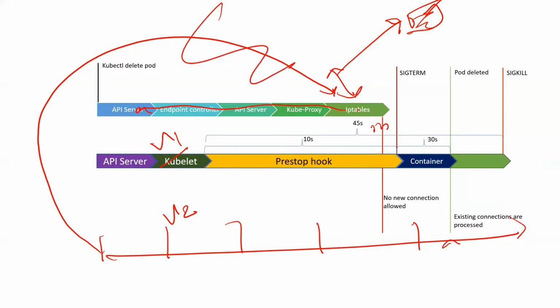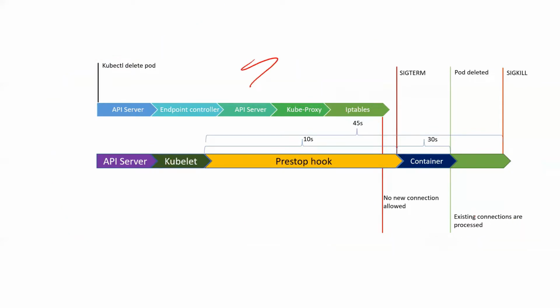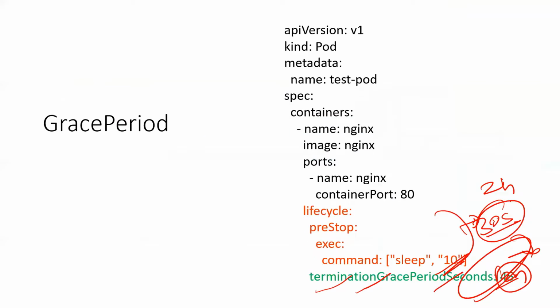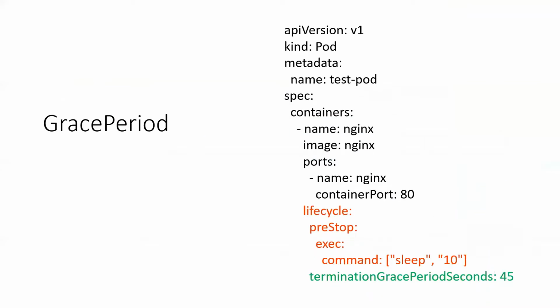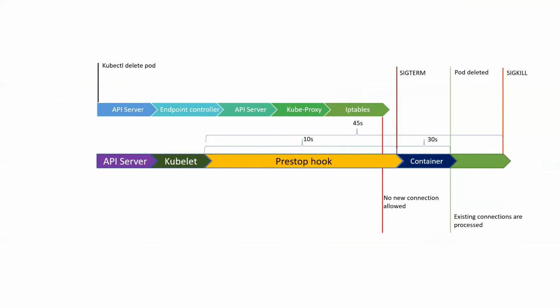But this is something you have to check. It's not recommended if you are running any kind of process. Just have an understanding of how it works and try to implement a lesser grace period and bring it down.